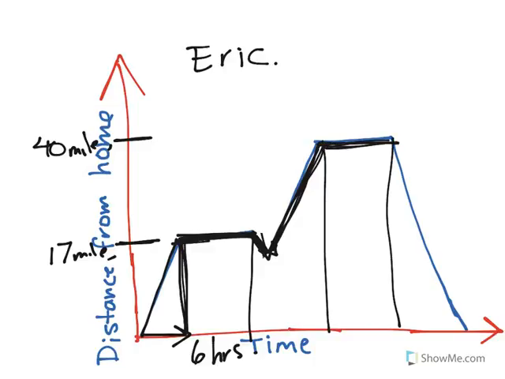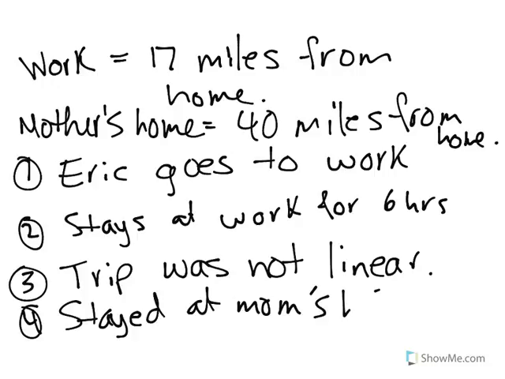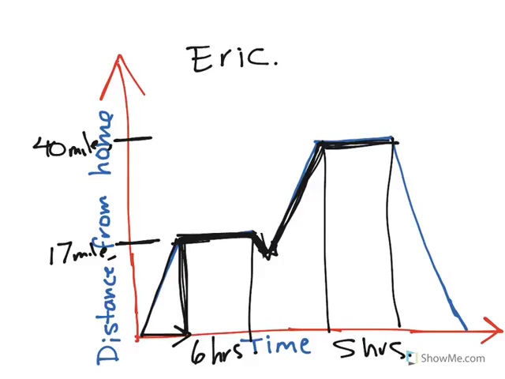So we will say that this is 5 hours. So he stayed at mom's house for 5 hours. And then what happened? Well, his distance from home decreased over time. So he drove back home.